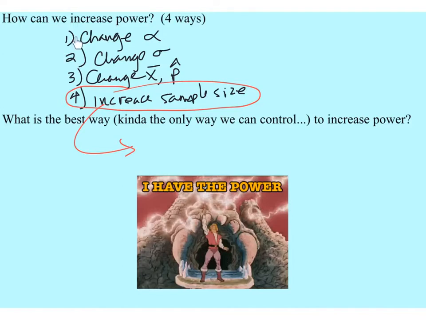There are only 2 of those things, 1 and 4, that we can control. And the problem with changing the significance level is it increases our type 1 error. So to get rid of type 2, we increase type 1. So the best way to increase the power is to increase the sample size. On the AP exam, this is almost the only thing that is ever asked about type 2 error and power.